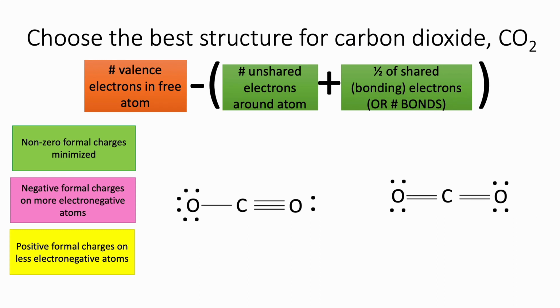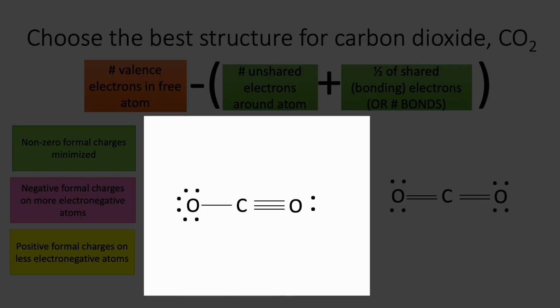So again, the formula for formal charge has us subtracting the number of valence electrons in the free atom from the number of electrons around the atom in the molecule. So let's first look at this structure on the left. Start with the oxygen on the left. As you can see, it has 6 unshared electrons and it has 1 bond, so that's a total of 7.